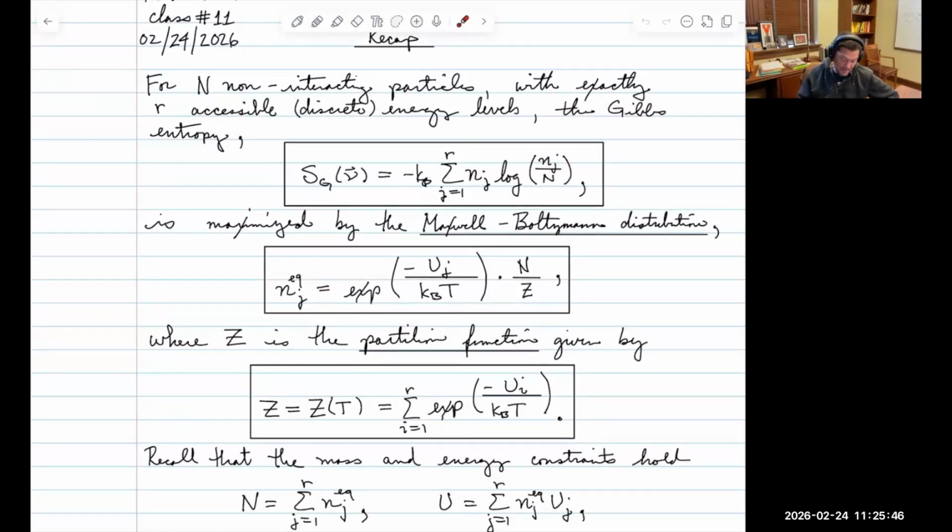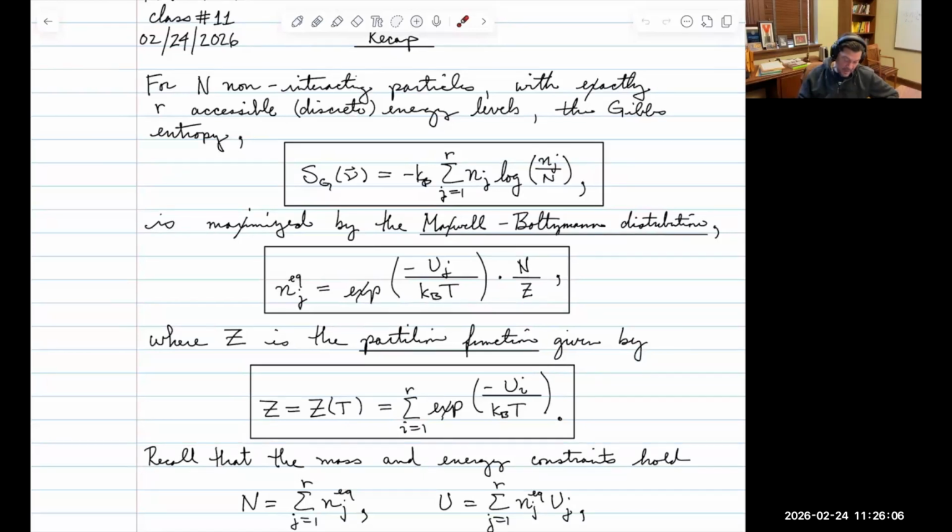Well, this entropy is maximized by the so-called Maxwell-Boltzmann distribution function. The Maxwell-Boltzmann distribution function tells you at equilibrium how many particles are expected to be in state j, for j equals 1 to r.